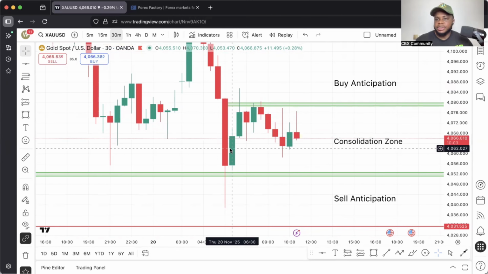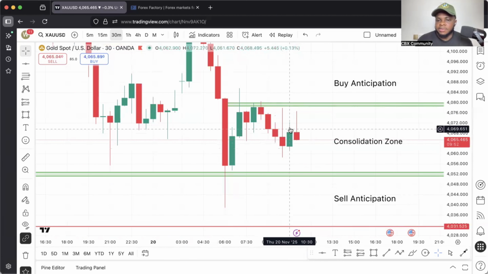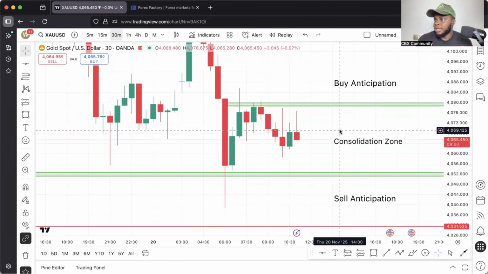The 30 minutes candle is left with 10 minutes before the candle will close. Let's see what the candle wants to do. The candle broke the high of this bullish candle. So let's see.